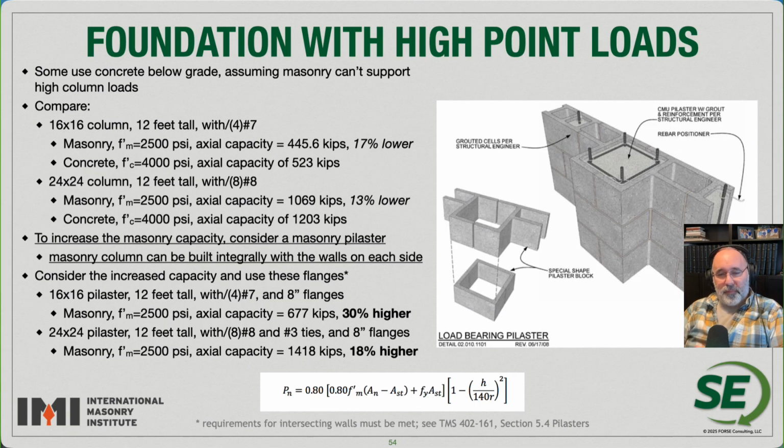You have a 24 by 24 inch masonry pilaster that, again, has more capacity because of the flanges that you can utilize for the design. So just recognizing switching materials at that point really doesn't make sense. Keeping with masonry construction and a kind of a continuous masonry foundation would make a lot more sense, even under those high point loads that are coming down from a structure above.